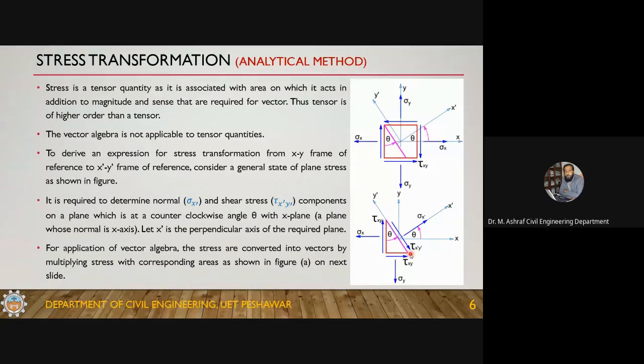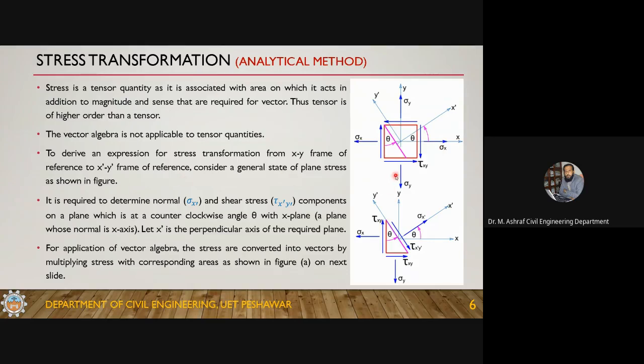Okay, so let's derive an expression for stress transformation from the xy frame of reference to the x prime y prime frame of reference. Consider a general state of plane stress as shown in the figure. This is a two-dimensional state of plane stress.